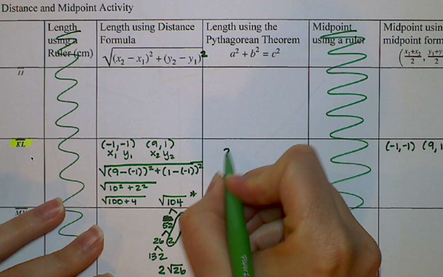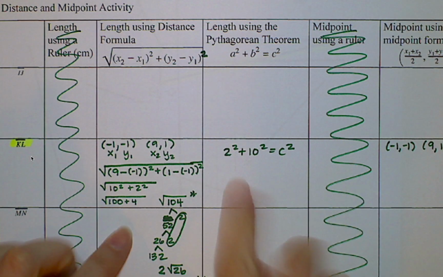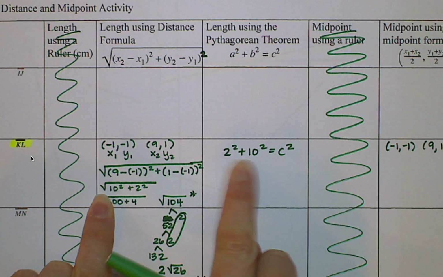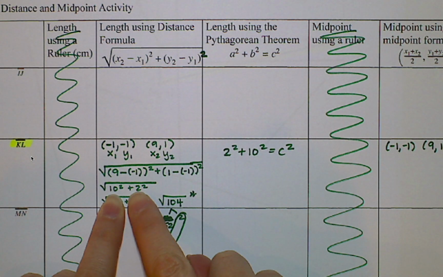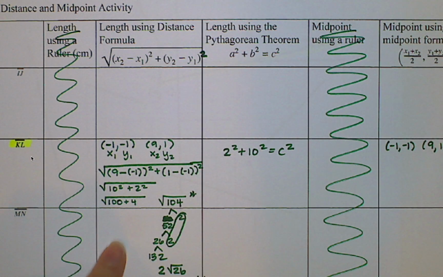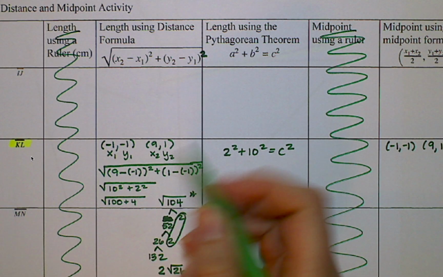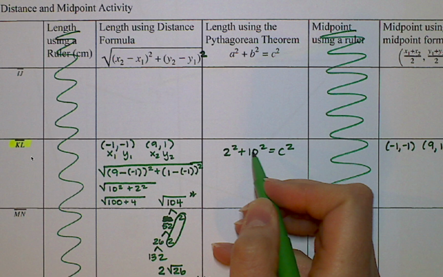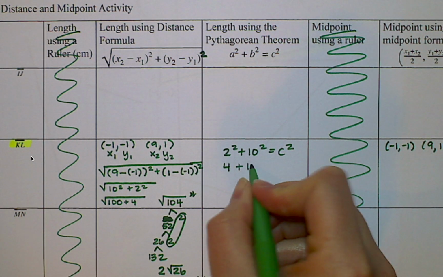So you'd have 2 squared plus 10 squared equals c squared. Now notice you have 2 squared and 10 squared. So if you're seeing that these two numbers are not matching up with the two numbers underneath the radical, most likely you probably made a mistake here, because usually students make mistakes here. Now you could have counted the numbers wrong, so maybe recheck and count and see if that's the case on this one as well.